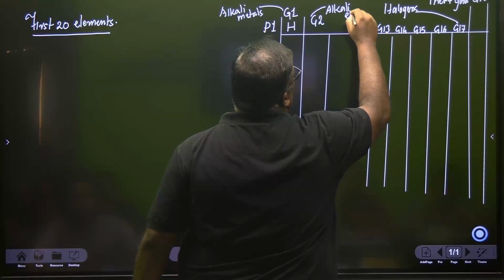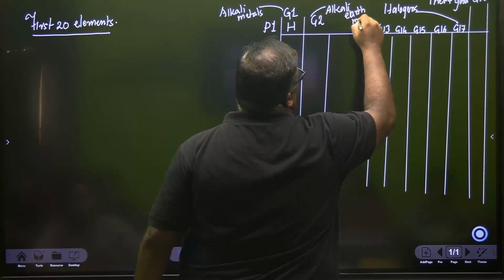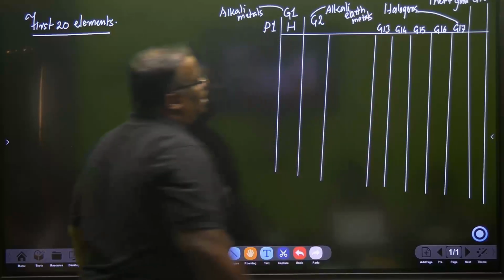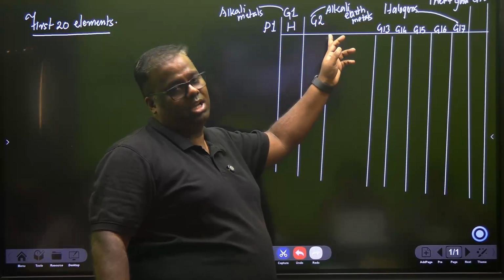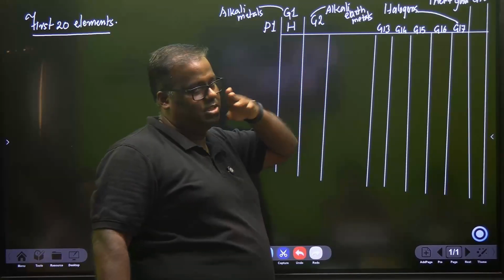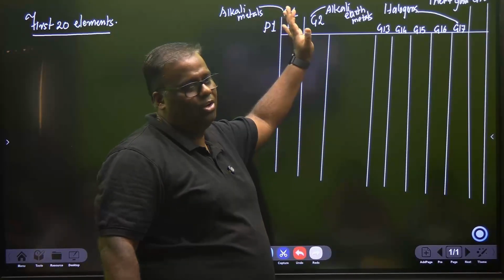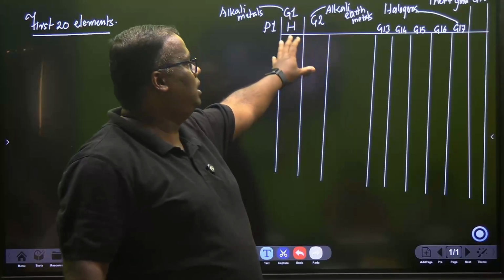These are all old age names. These are metals which will be alkalis; what alkali is, we'll understand. These are alkalis which are found in the earth's crust, so they are known as alkaline earth metals. You should know as general knowledge that group 1 is known as alkali metals and group 2 as alkaline earth metals.